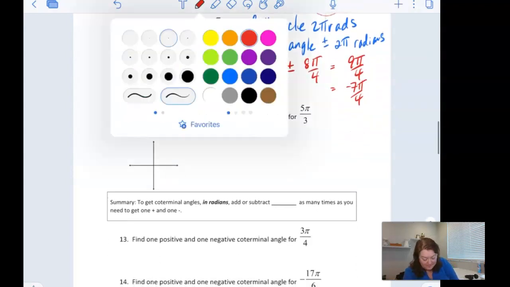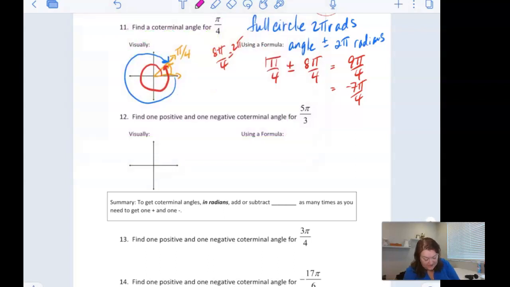Let's try that again. Okay, so this one is 5 pi over 3. So I know that this is 0/3 pi, this is 3/3 pi, this is 6/3 pi. So 5/3 should be right about here, and that's assuming that I went around this way. So I know that if I'm doing thirds, I'm doing 5 pi over 3 plus or minus 6 pi over 3, right?